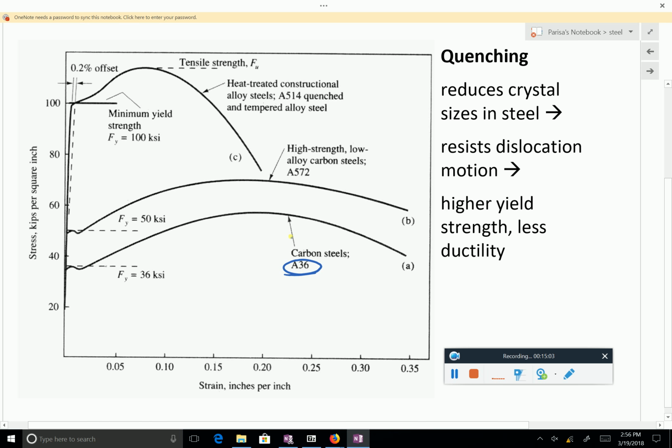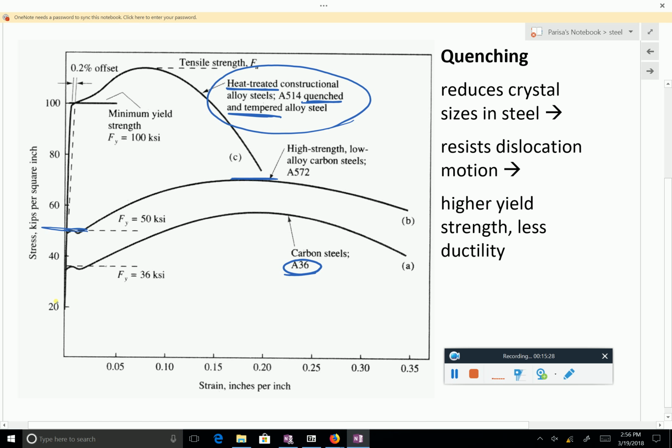The strength is relatively low. And then this is another type of steel which has a little bit higher strength. It has a higher yield strength. And then the interesting one is the third one here. This is heat treated, quenched and tempered.